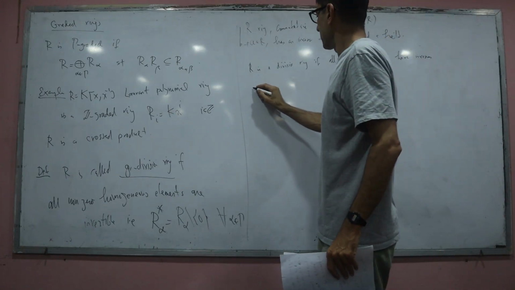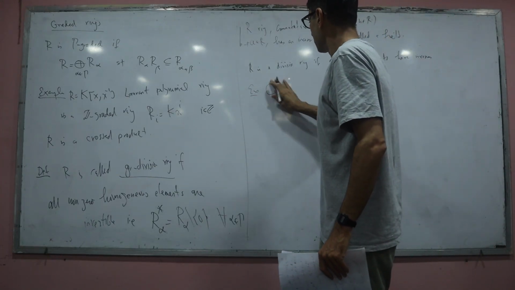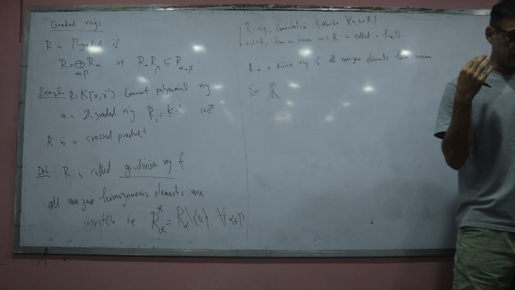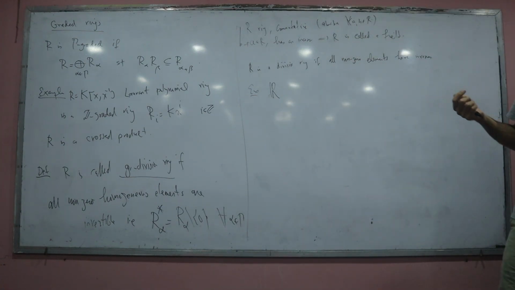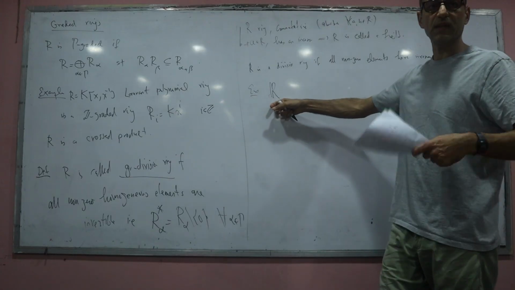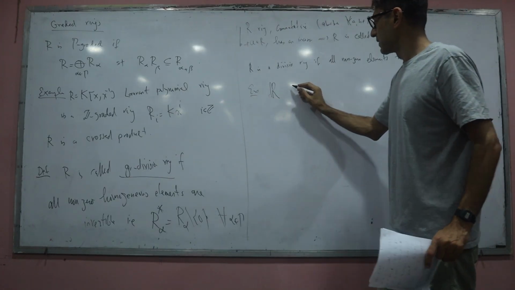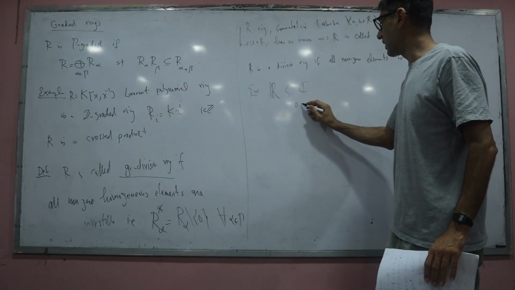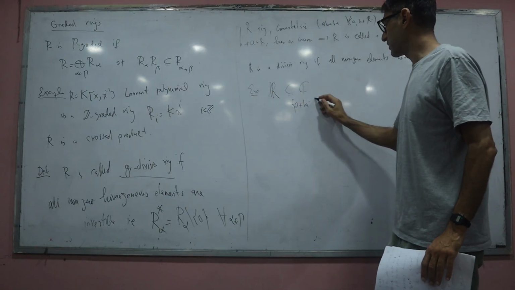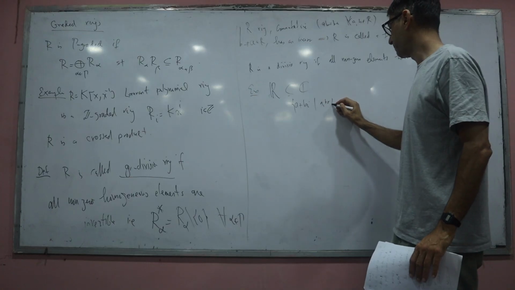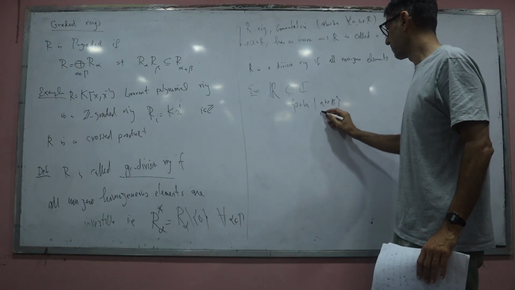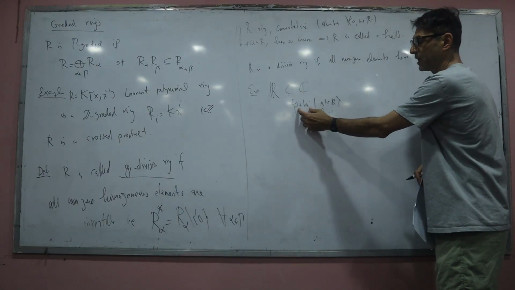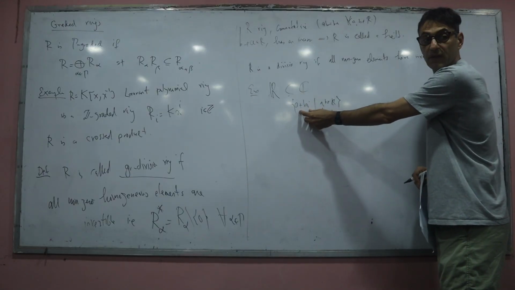Look, real numbers: if an element is not zero, it has an inverse, so this is a field. Complex numbers, a plus bi, these are the sets. This is also a field. Each element here you can arrange for an inverse.